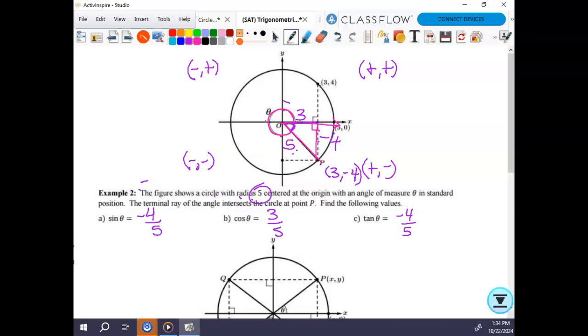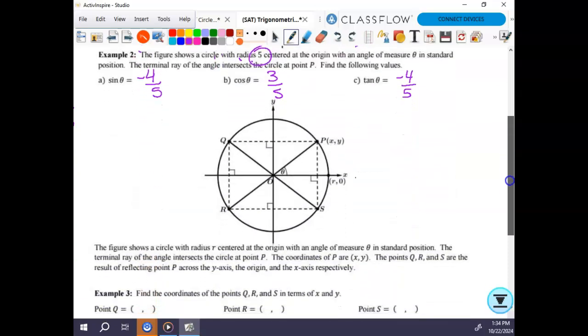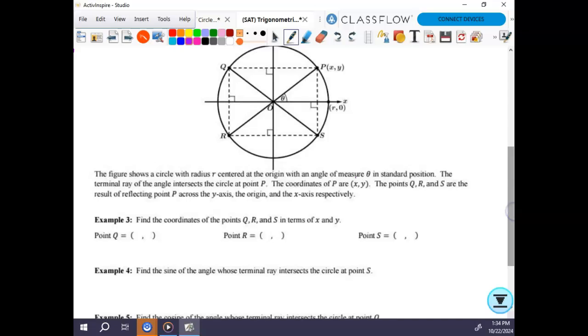Okay, so here's the other thing I want you to see about these triangles. If I have this point x, y, and it reflects across the y-axis, we change the sign on x, it's negative x, y. I take Q, I reflect it down here, that's negative x, negative y. I take R, reflect it over here, and I get positive x, negative y.